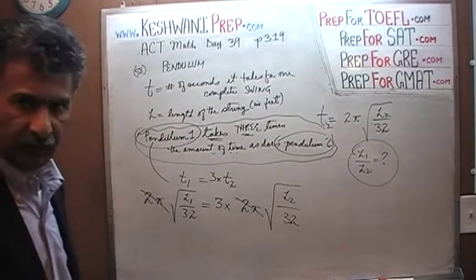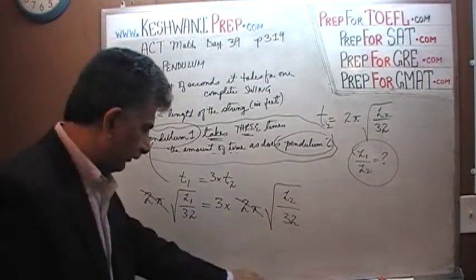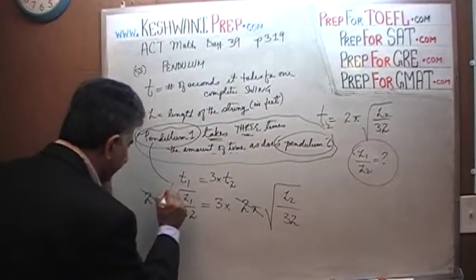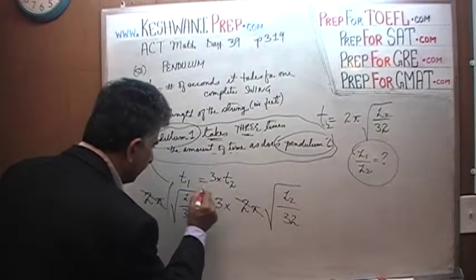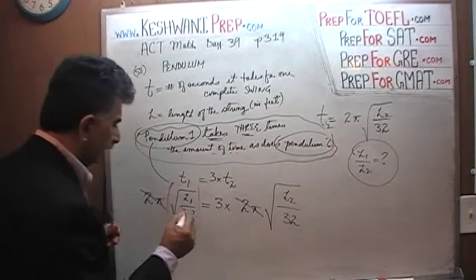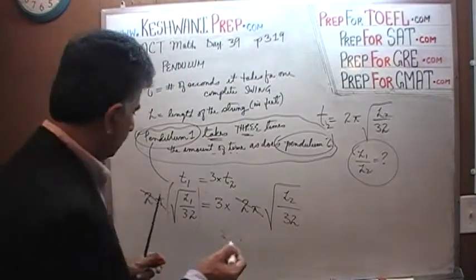Now let's square both sides of the equation. Let's do it in a different color so we can see it. I don't know what happened to my red marker, it completely died down.